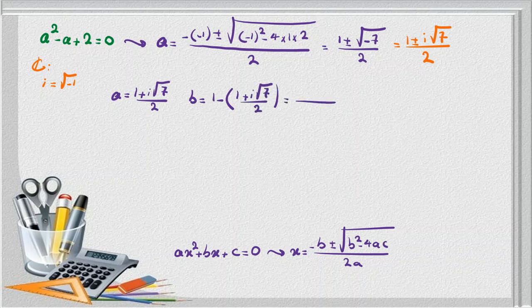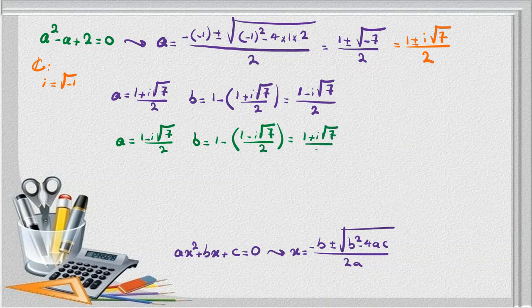Using a common denominator, it will be (2 minus 1 minus i root 7) over 2, which is (1 minus i root 7) over 2. And if we have A equal to (1 minus i root 7) over 2, for this case, B equals 1 minus (1 minus i root 7) over 2, and 2 minus 1 is (1 plus i root 7) over 2. So we found two solutions for A and B here.